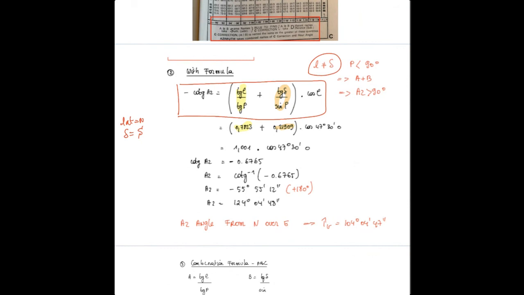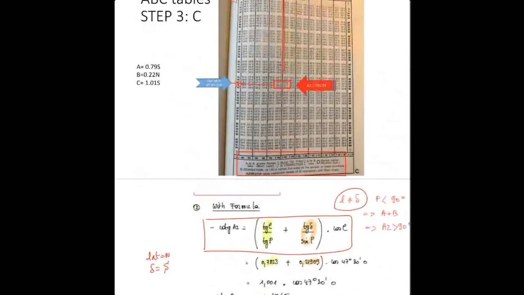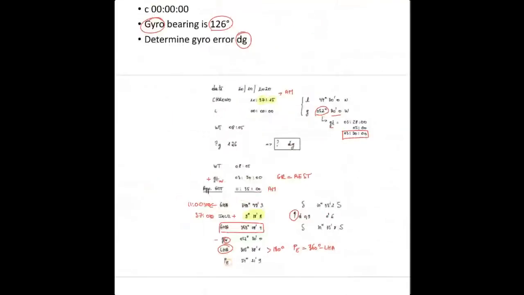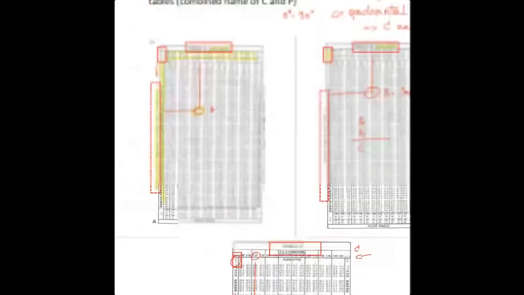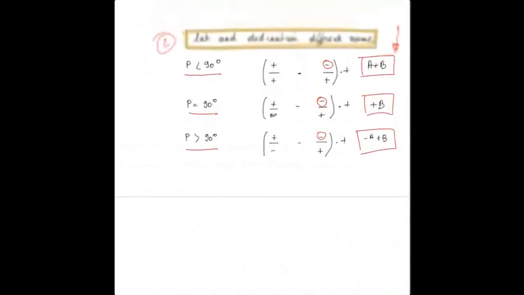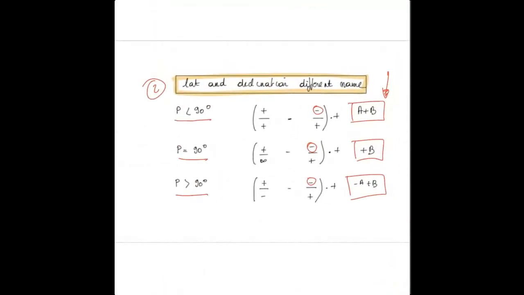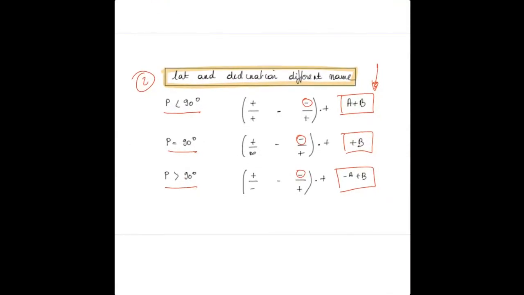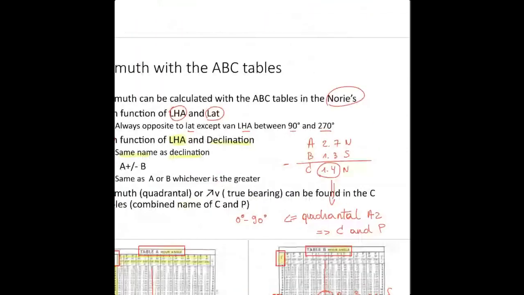So, if I go back to my overview a couple of slides ago, I know that my latitude and declination have a different name, and that my polar angle is smaller than 90 degrees. So, what do I have to do? I have to add A to B. Okay, so that's what I will do.